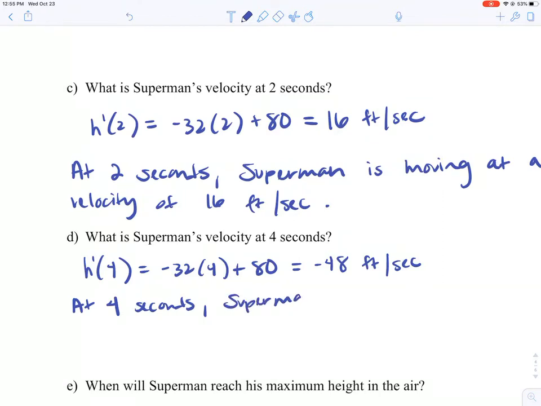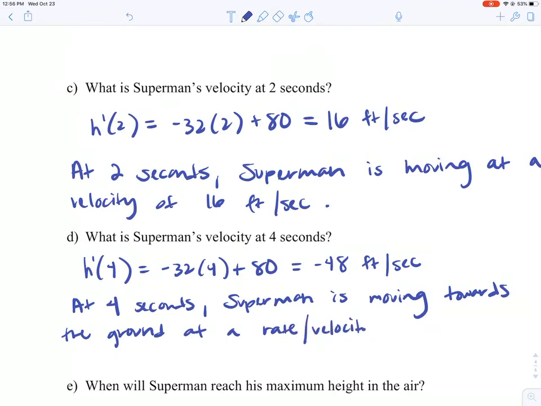So we can say at 4 seconds, Superman is moving at a velocity of 48 feet per second. But to show the direction, we can say Superman is moving towards the ground at a velocity of 48 feet per second.